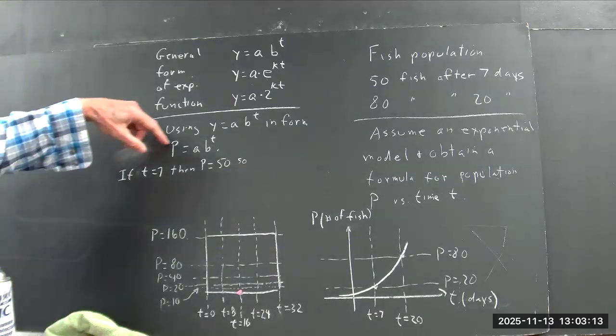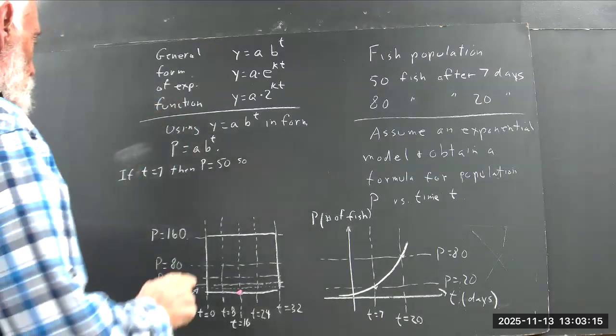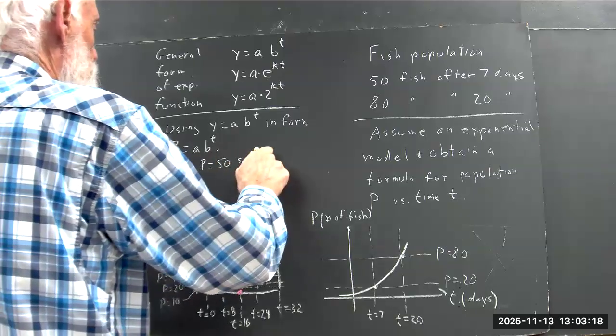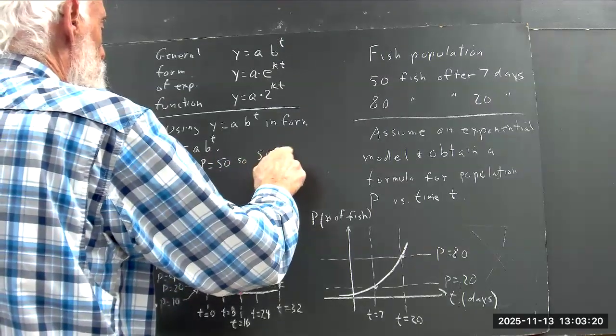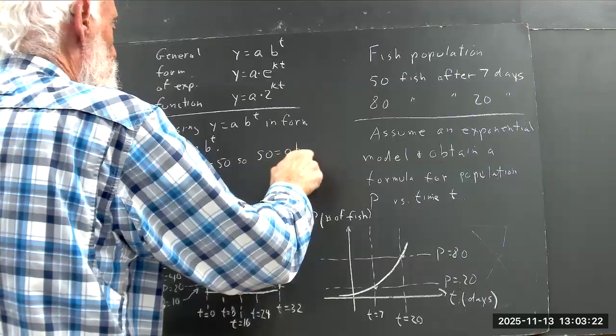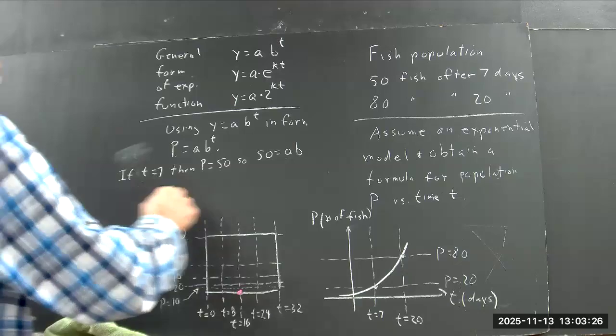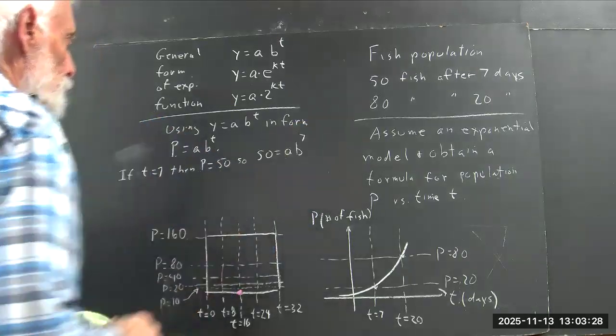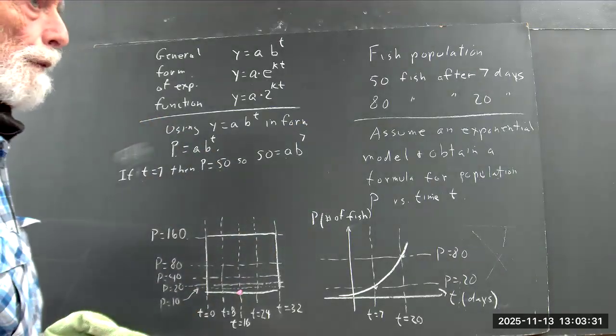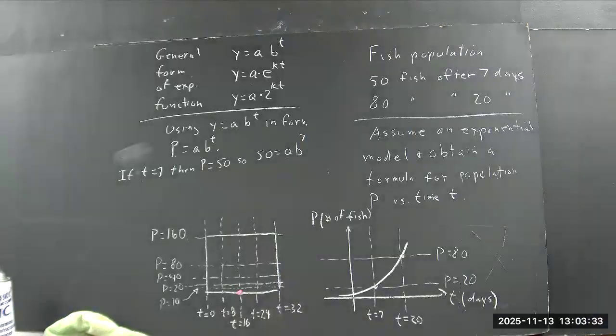So putting that information into this form, we get 50 equals AB to the 7th. We don't know what A is, we don't know what B is, but we have the value of T.